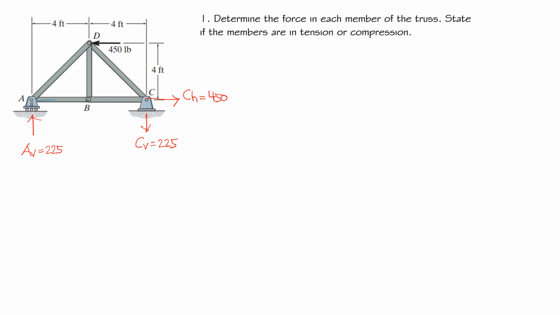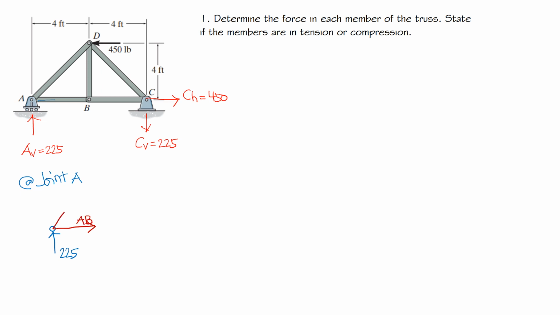So let's start with joint A. For joint A, what are the forces acting? We have 225. Then we have member AB, assuming that it's moving away.